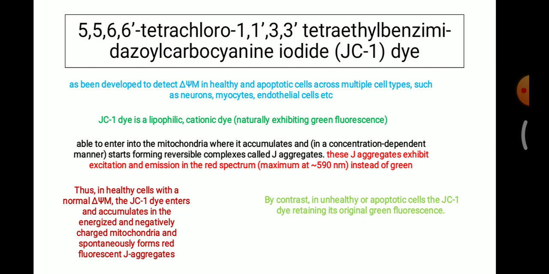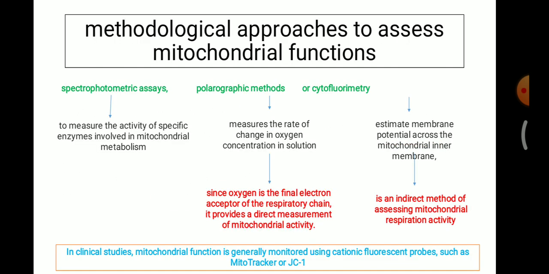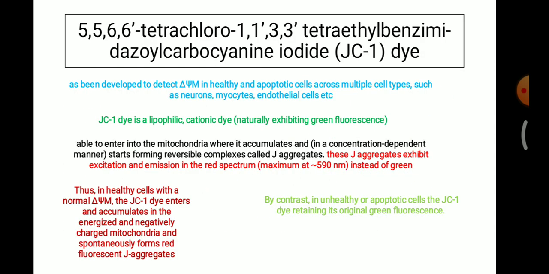This is the scientific name of this dye: 5,5',6,6'-tetrachloro-1,1',3,3'-tetraethylbenzimidazolylcarbocyanine iodide. It has been developed to detect mitochondrial membrane potential in healthy and apoptotic cells across multiple cell types such as neurons, myocytes and endothelial cells, and many more. JC1 is a lipophilic cationic dye which naturally exhibits green fluorescence, but it is able to enter the mitochondria, where it accumulates and starts forming reversible complexes called J aggregates.